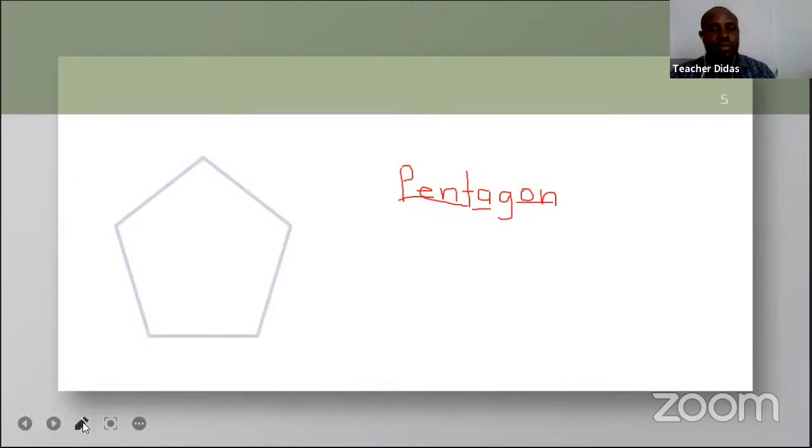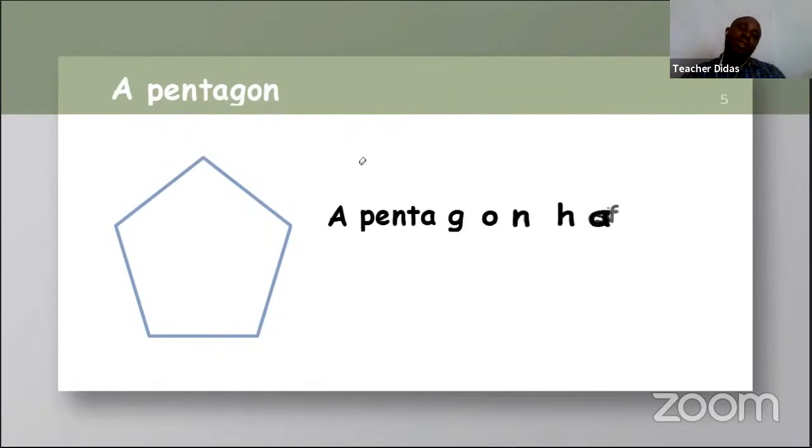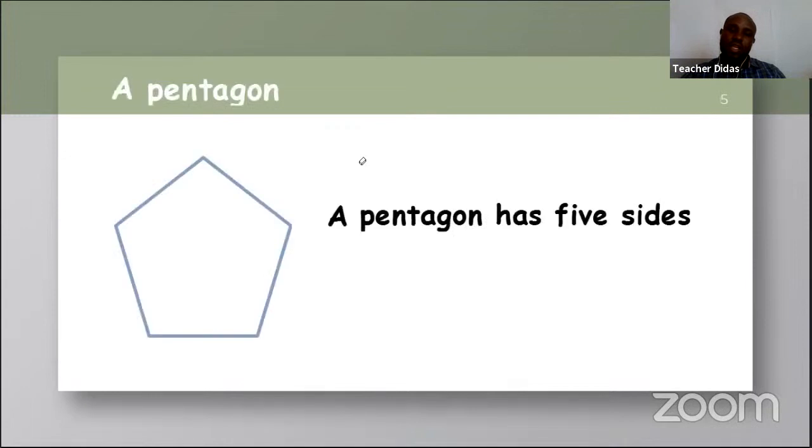We have looked now at a figure which has 5 sides, and we have said its answer is a pentagon. That's how it looks like. Okay, a 5-sided figure. What name is given to a 5-sided figure? It's called a pentagon. Okay.